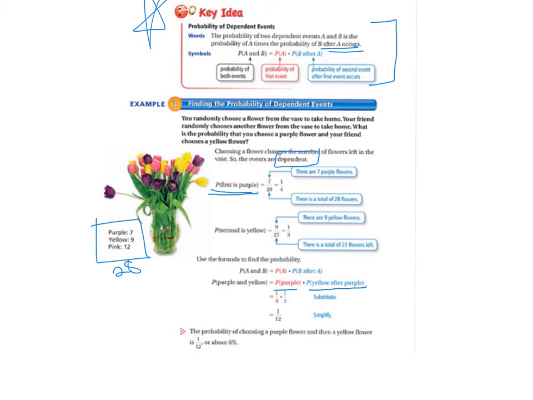So when we substitute in the numbers that we got from up here, we get 1/4 times 1/3, which equals 1/12. So the probability of choosing a purple flower and then a yellow flower is 1/12, or about 8%.